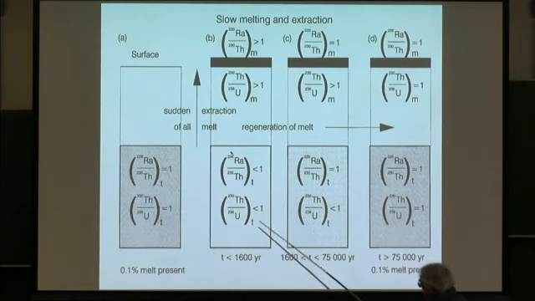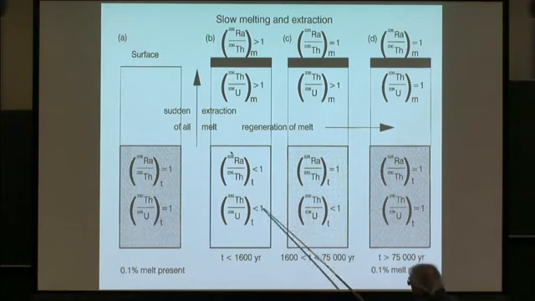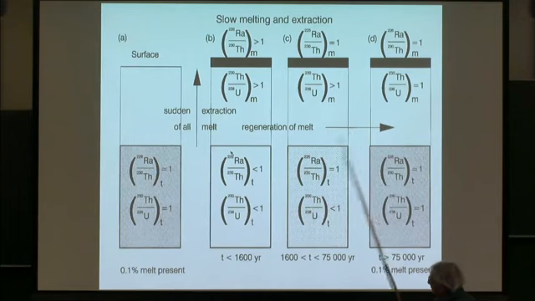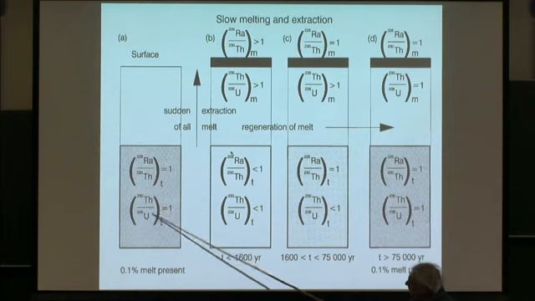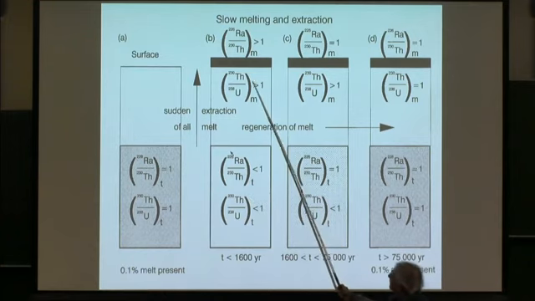If you extract the melt, because both of these elements are incompatible in the solid, with thorium being more incompatible than uranium, then you're left with a source region where this ratio, and generally we work in terms of activity ratios, which is the concentration times the decay constant, should be 1, because that's the thing which governs the stepping down. When you extract more thorium than uranium, this goes to less than 1, and in the melt it goes to greater than 1.